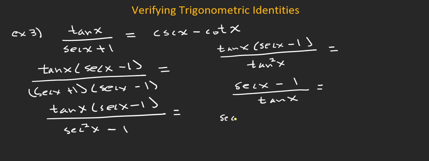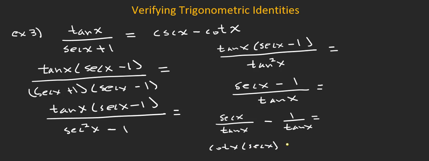So say secant x over tangent x minus 1 over tangent x. Now we're getting somewhere. Notice, 1 over tangent x is the same thing as cotangent x. So I'm going to write it as cotangent x times secant x minus cotangent x.